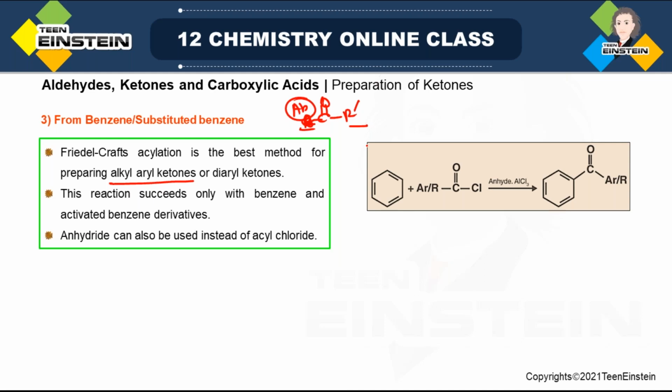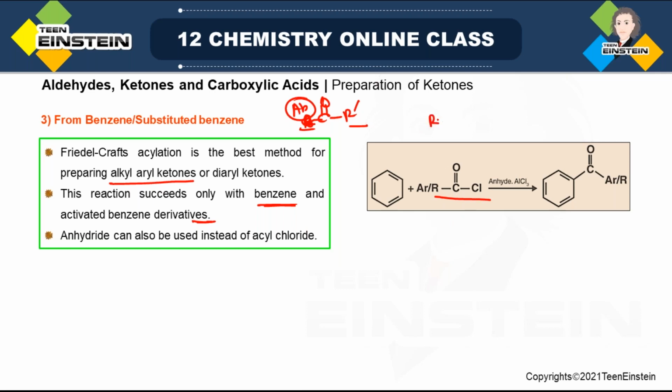Now this reaction is possible only with benzene, or it must be activated benzene. When I say activated benzene derivative, that means the pi electron density in benzene must be very rich, very electron rich, because here RCOCl is the source of the electrophile.